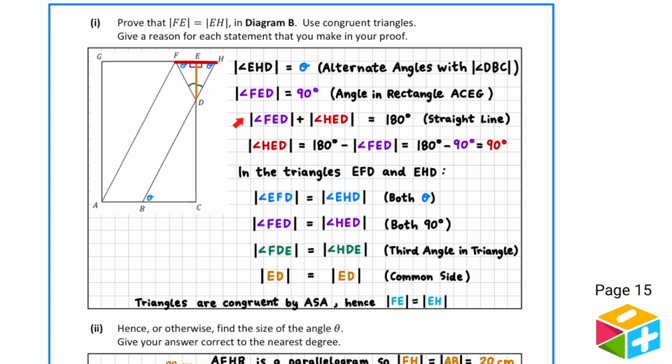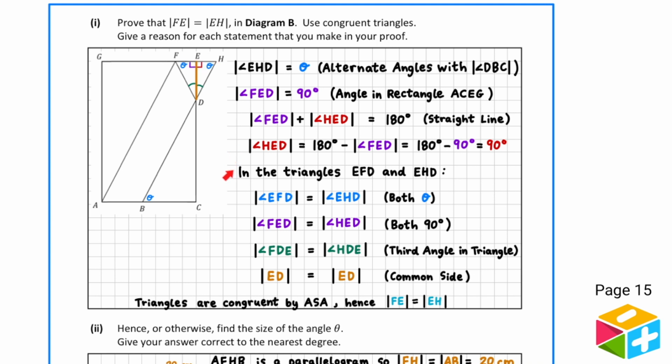Since angles on a line must add to 180 degrees, we know that the angle FED plus the angle HED must sum to 180. It follows that HED will be 180 minus the angle FED. We already found that this was 90, so we end up with 180 minus 90, which is 90 degrees.